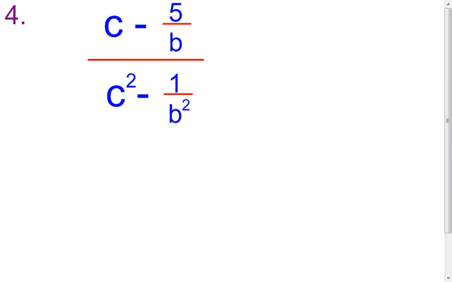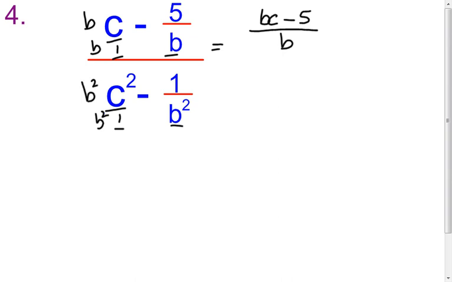All right, and the very last one right here goes a little bit faster than the last one. But again, this is over 1. I need to get a common denominator here and here, so I will multiply by b. And so on the top here, I have bc minus 5 over my common denominator, which is b. Okay? On the bottom, this is a 1. My common denominator here is b squared, so I need to multiply by b squared. So then I will have b squared c squared minus 1 over my common denominator, which is b squared.